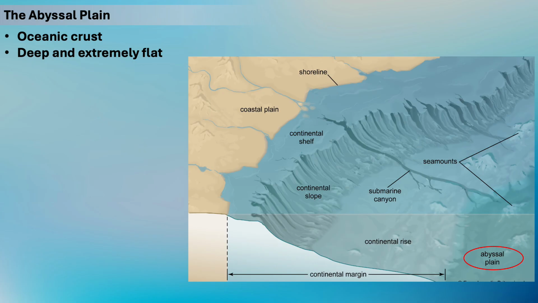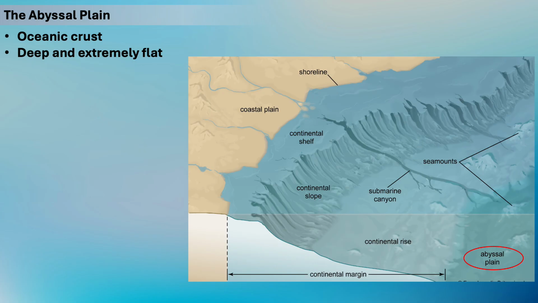Despite their great depth, abyssal plains are among the flattest places on Earth. Their flatness results from the slow accumulation of fine-grained sediments that blanket and smooth the underlying volcanic topography of the ocean crust. Over millions of years, sedimentation buries seafloor irregularities, producing remarkably uniform surfaces.